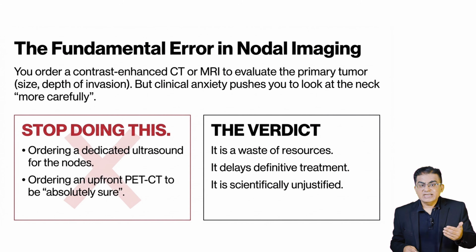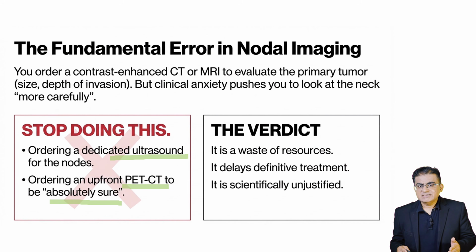But then clinical anxiety creeps in. You start thinking, maybe I should get a dedicated ultrasound of the neck just for the node. Or, you know what, let us just get an upfront PET CT to be absolutely sure. I'm telling you right now, stop doing this.